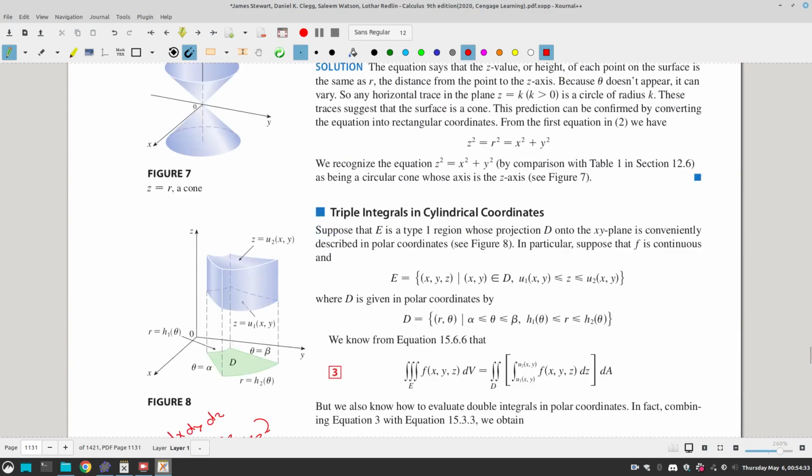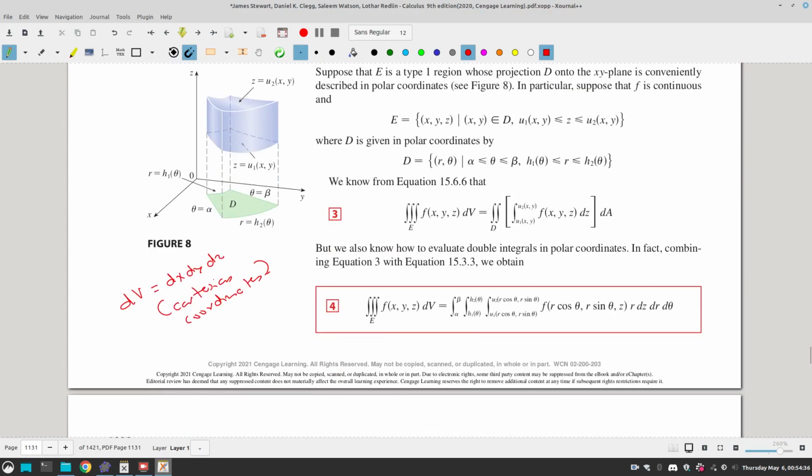Now remember, dV equals dx dy dz. Now dx dy dz.